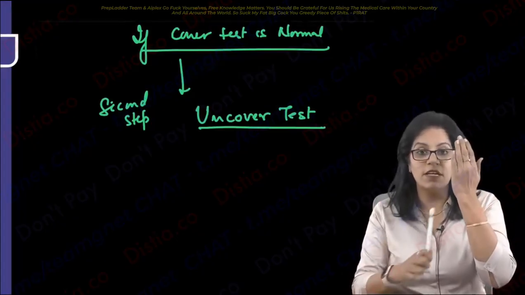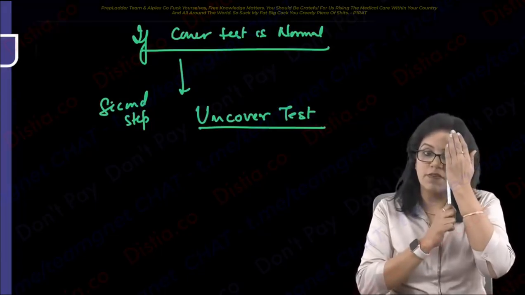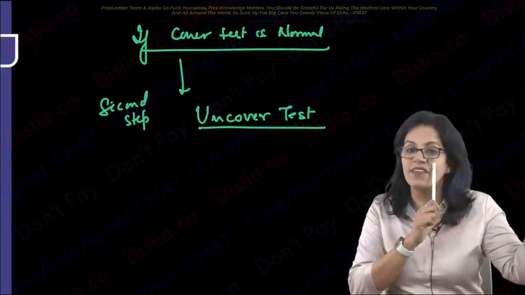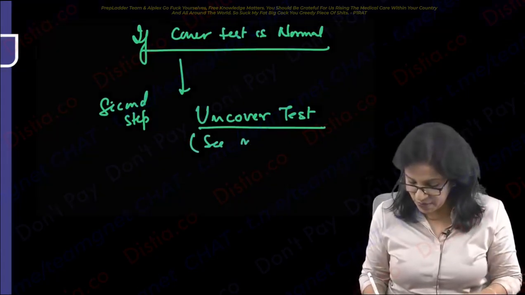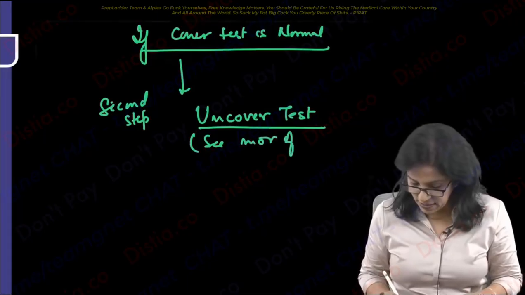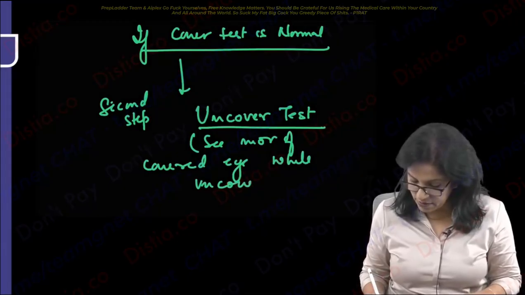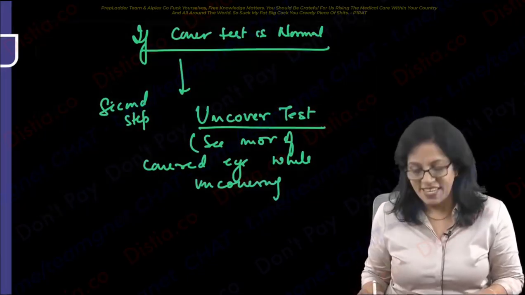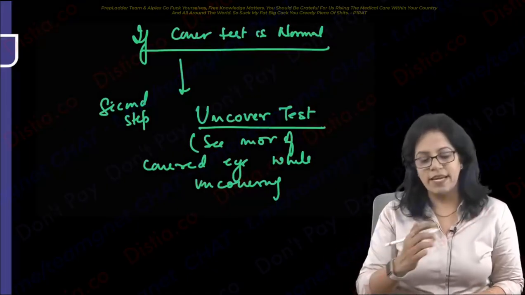Whereas in uncover, I have to look at the movement of the same eye which is under the cover, while uncovering it. So we see movement of the covered eye while uncovering it. There is another method that sometimes occluders can be translucent and you can see through them also. But generally we use these occluders and we just watch while uncovering it.